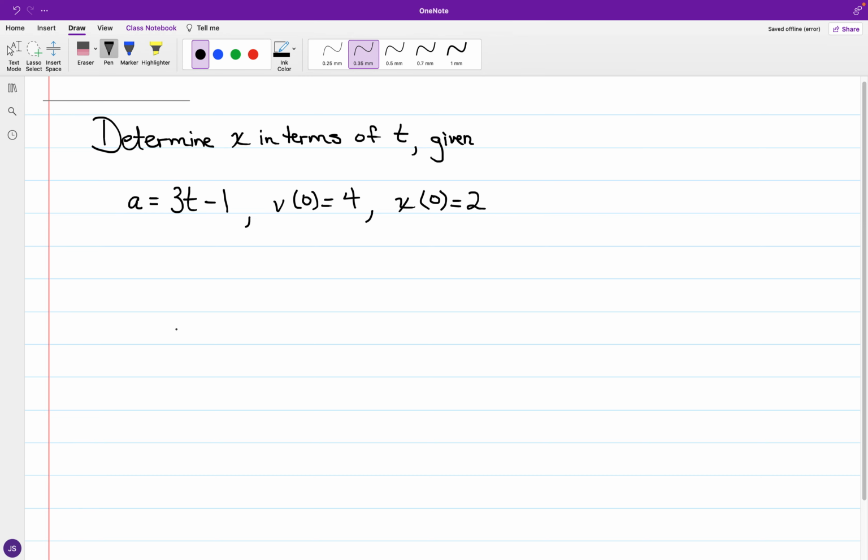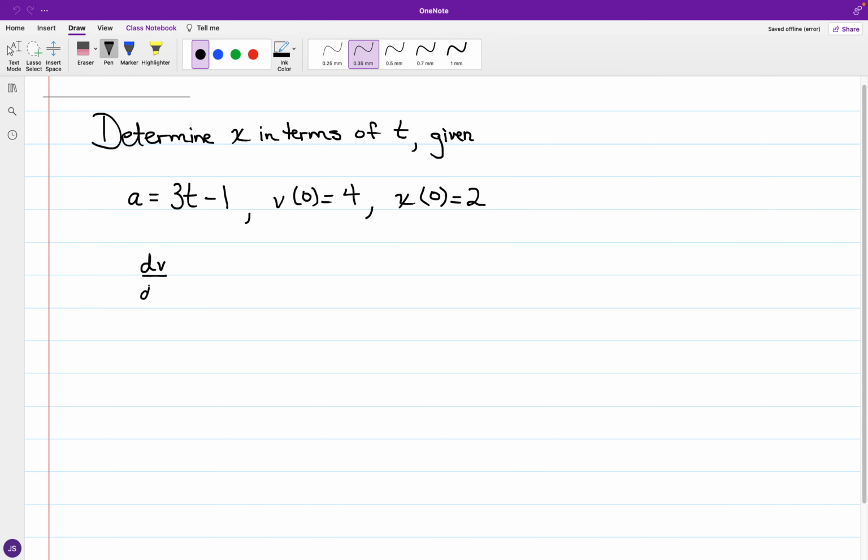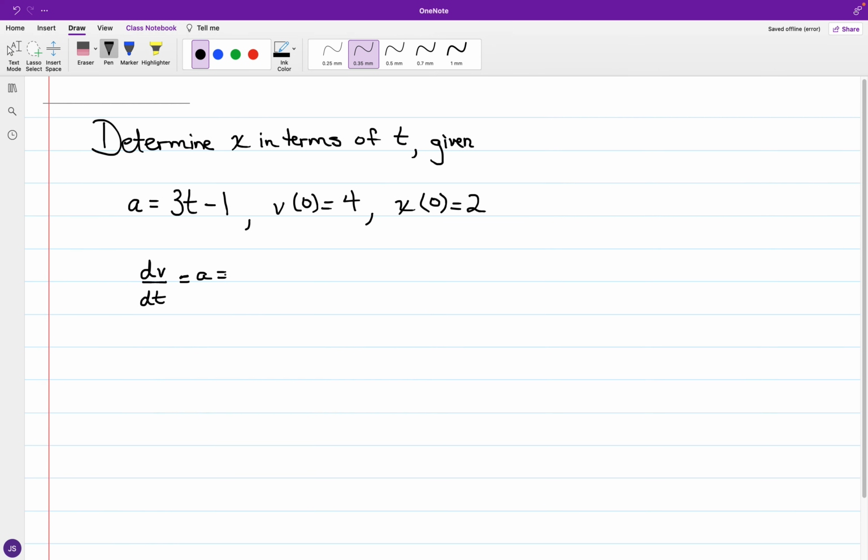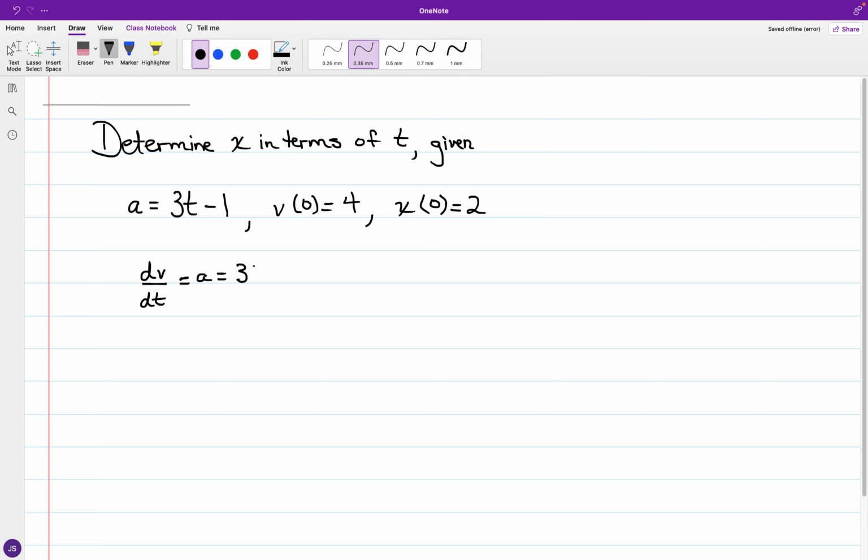And if we're looking at expressing x in parametric terms, again for acceleration, that will be the change in velocity with respect to the change in time. So we have dv over dt is equal to a, which is equal to 3t minus 1 as given.